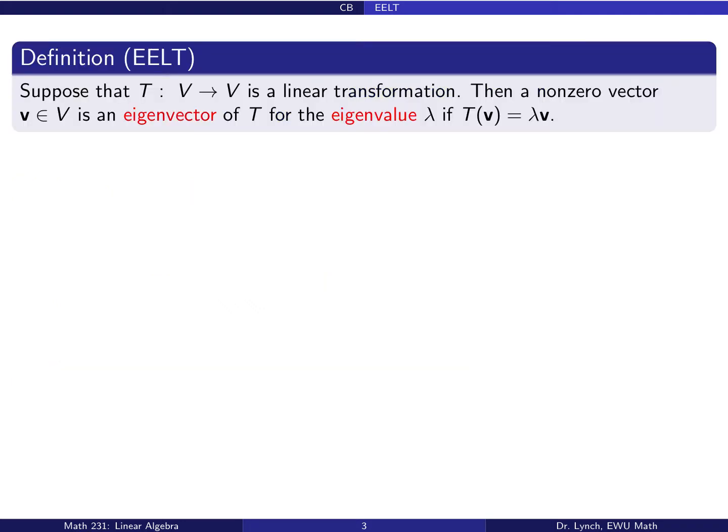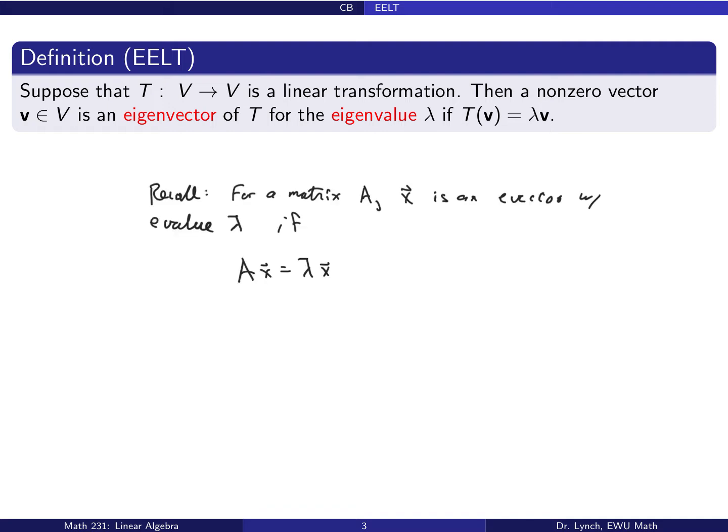So here's a definition. If you have a linear transformation on the vector space V, we say that a vector little v that's an element of this vector space V is an eigenvector of this transformation T with eigenvalue lambda if the image of v under the transformation is lambda times v.